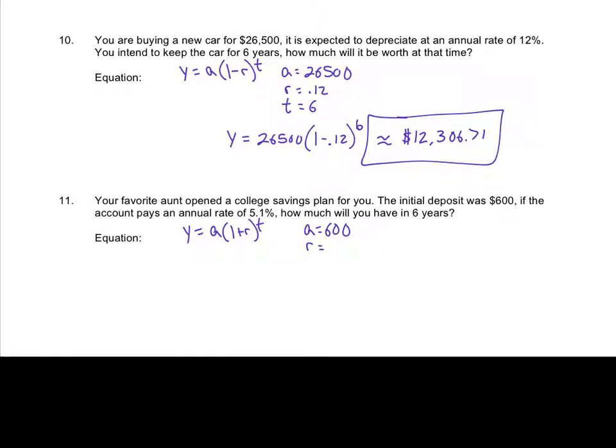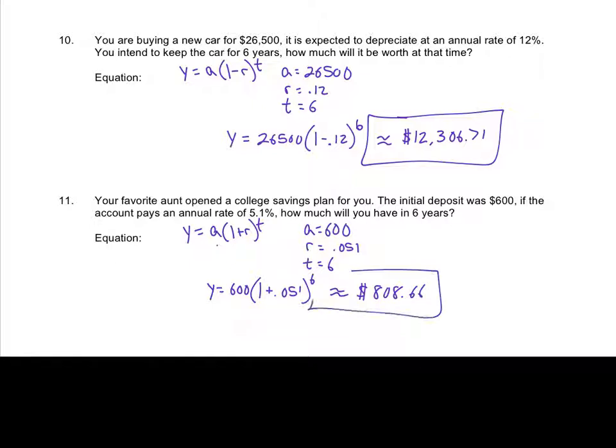Our rate of growth is 0.051, and our time is 6 years. So Y equals 600 times 1 plus 0.051 to the 6th power. If we calculate that out, after 6 years we have $808.66.